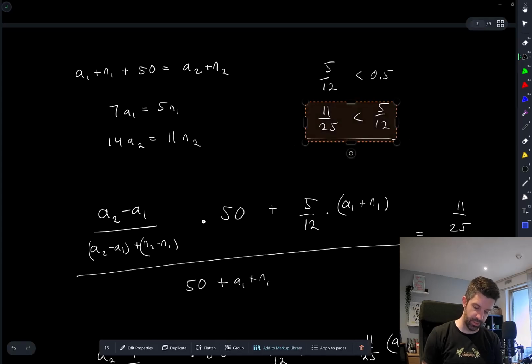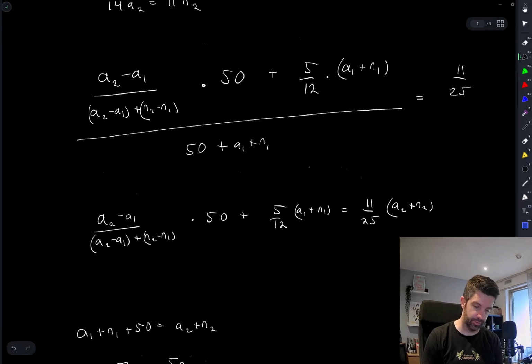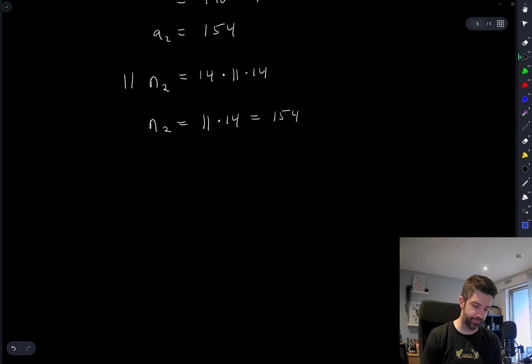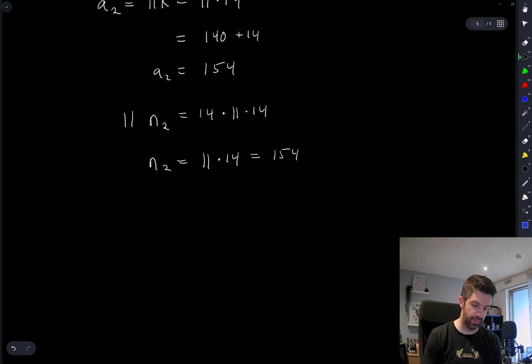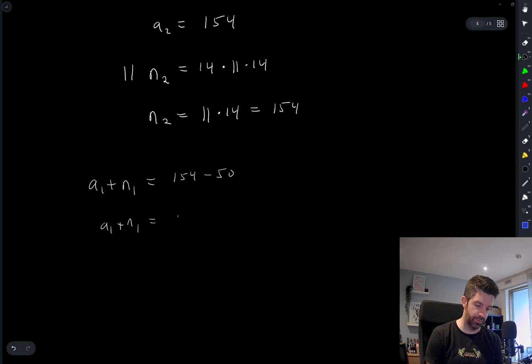I mean, we didn't end up using that, but that's a very silly mistake. Okay, well, I have now N2 and A2. They're both equal to 154. So then A1 plus N1 is equal to 154 minus 50, which is 104.